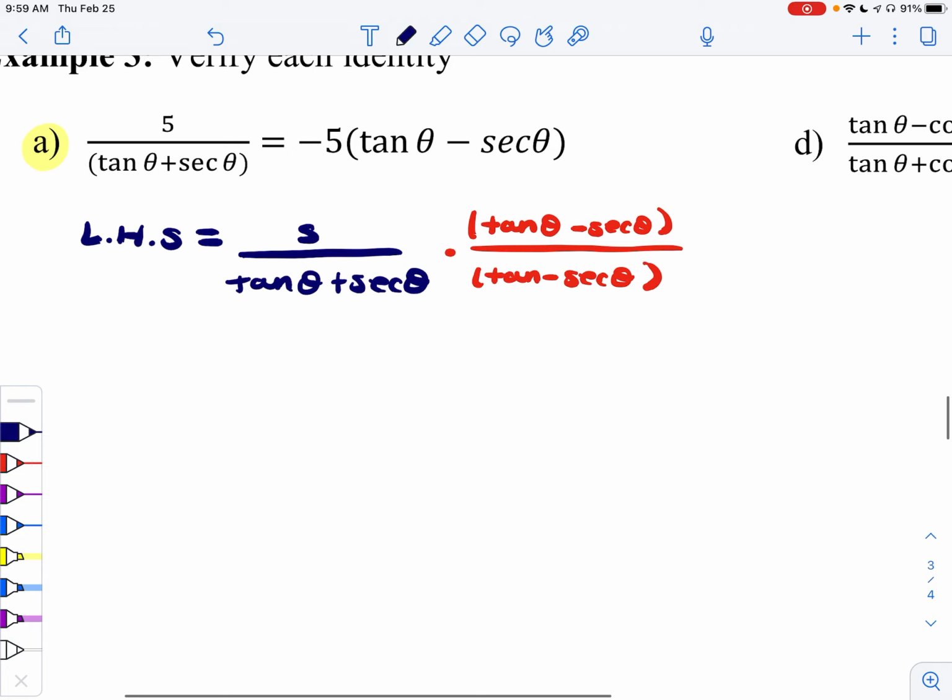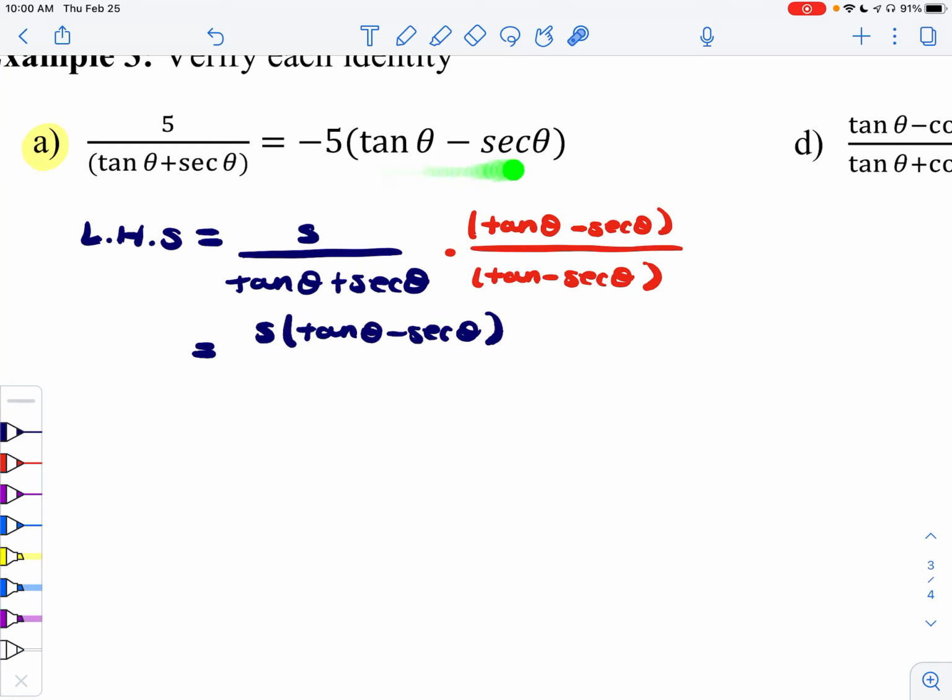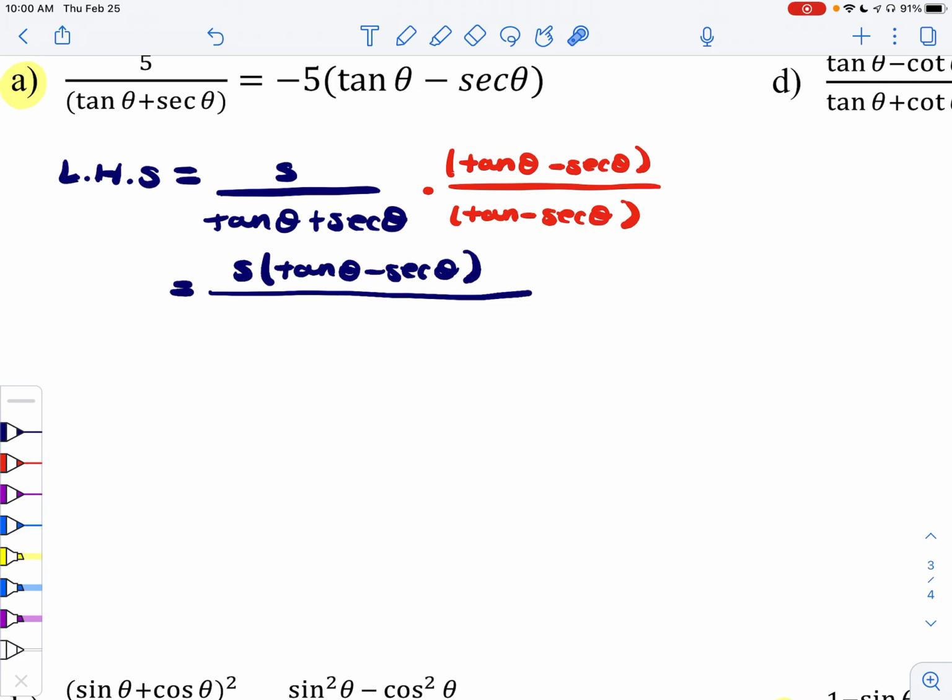Okay, so now we have 5 times the quantity tangent minus secant in the numerator. Okay, this is good, right? Because like I said, that's generally where we're trying to get to. So let's go ahead on this one and FOIL out that denominator.